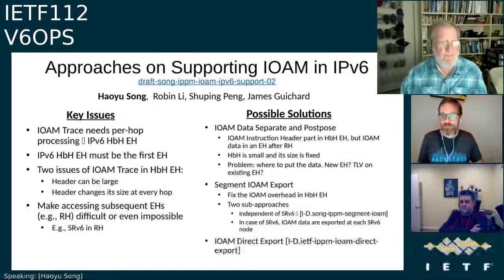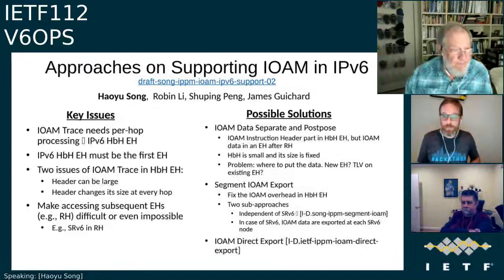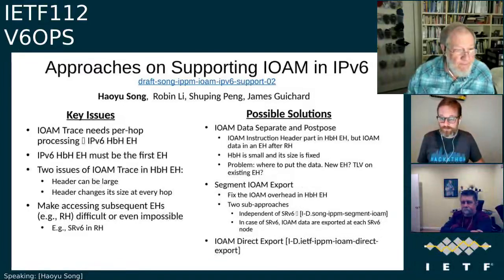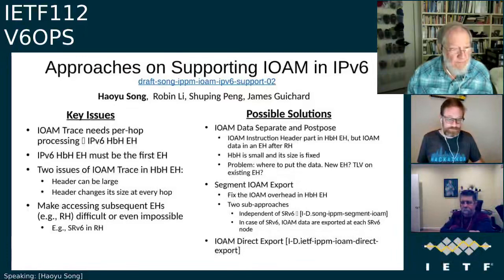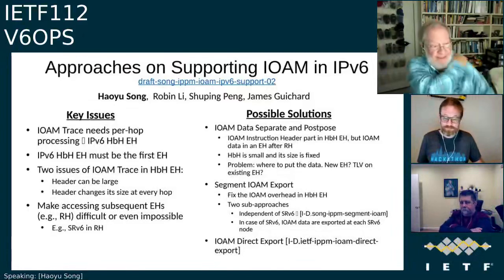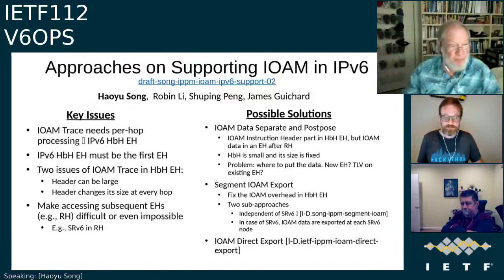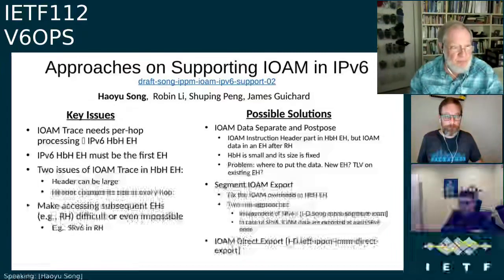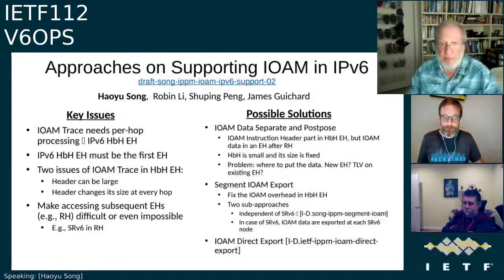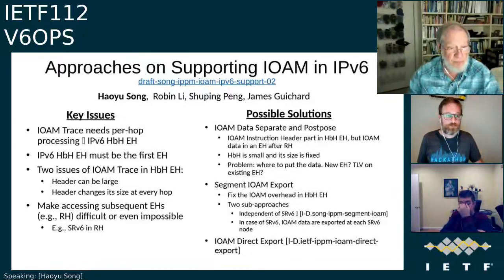Thank you, everyone. Yeah, I've been looking at the discussions. I find many people think that IOAM will be an important use case for IPv6. So there are already some proposals to support IOAM using the HBH extension header option. But there were some issues with this kind of proposal.